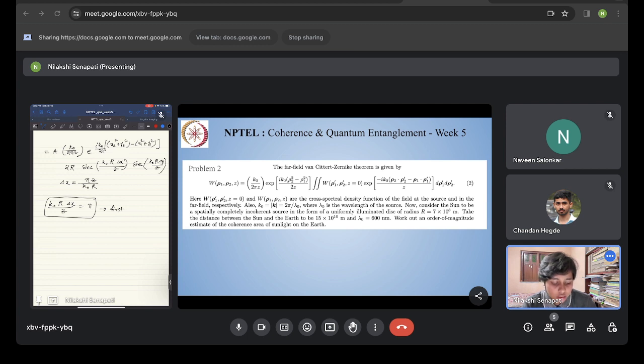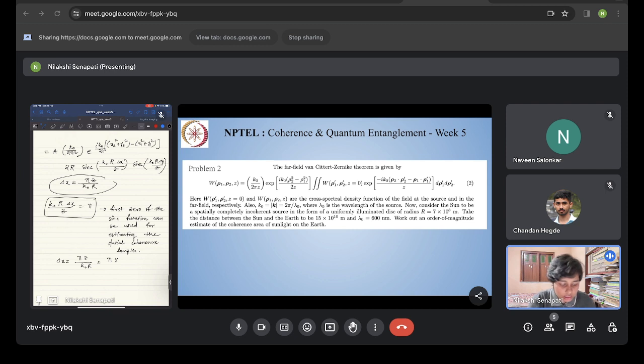The first zero of the sinc function can be used for estimating the spatial coherence length. And this will become delta x equal to pi z by k0 r.